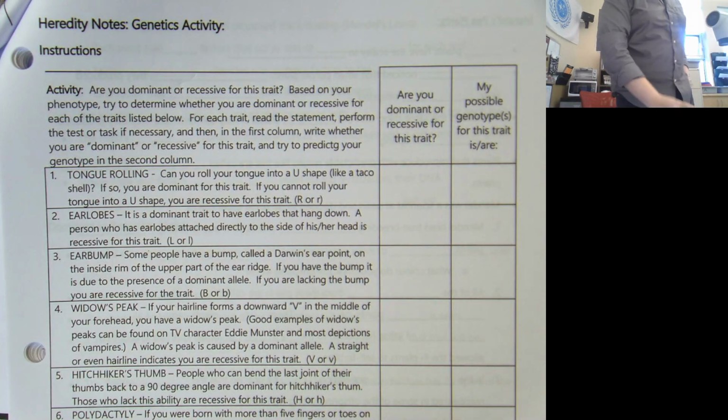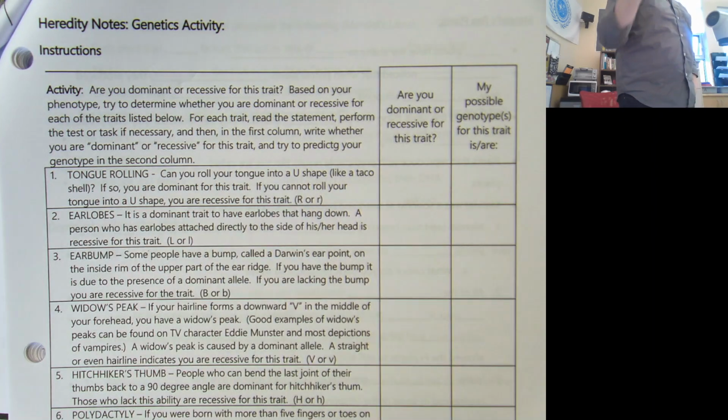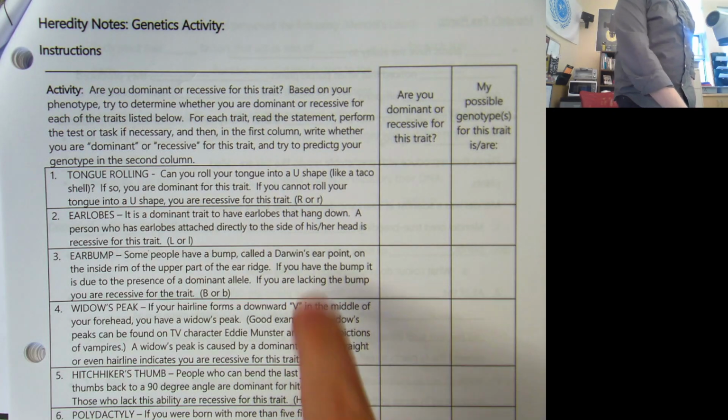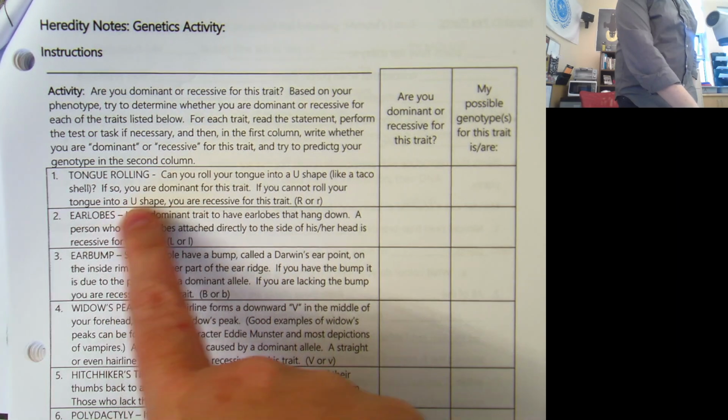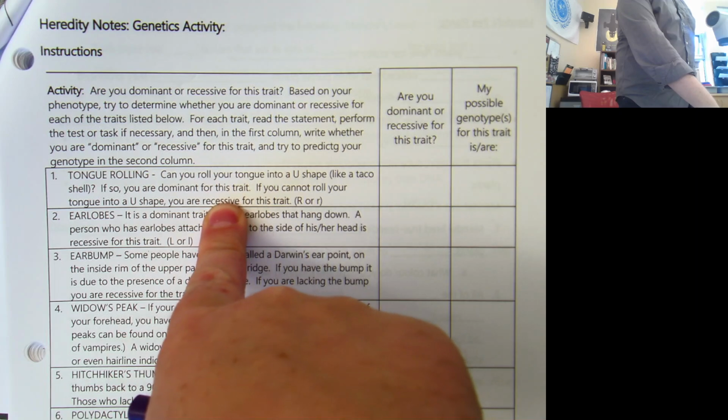So if you take a look at your paper, it says, can you roll your tongue into a U shape like a taco shell? If so, you are dominant for this trait. It means there is a code within your genetics that overrides those of us who cannot. If you cannot roll your tongue into a U shape, you are recessive for this trait. So based on whether you can or can't, I want you to answer that question.